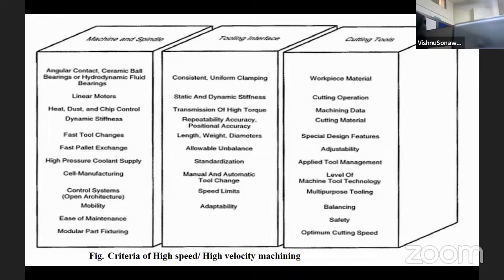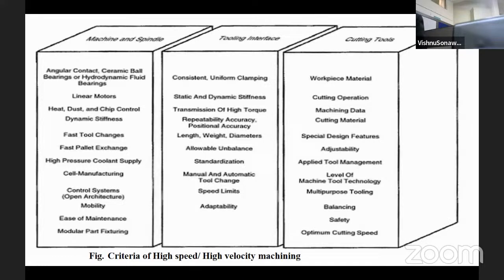Then there is tool changing, that is the magazine. Fast tool changes and fast pallet changing are required for automation, and high pressure coolant supply is required. Here we are supplying air as well as coolant in the form of mist, which is called an aerosol.